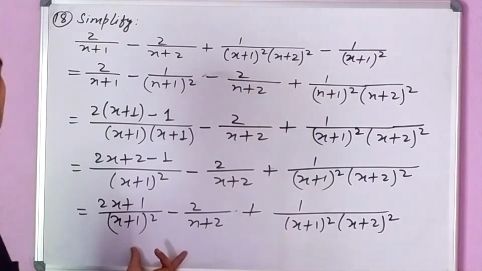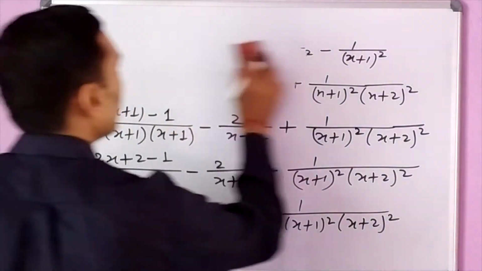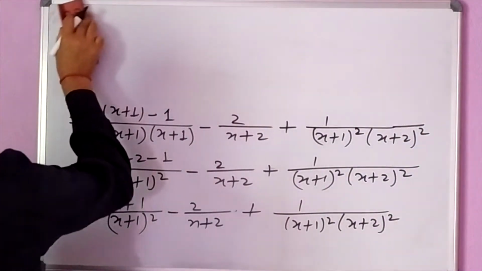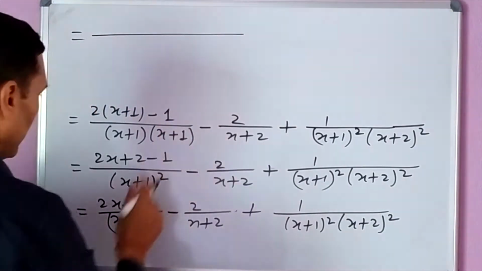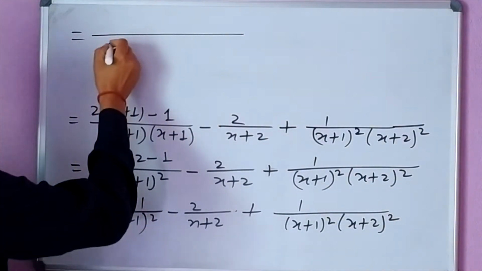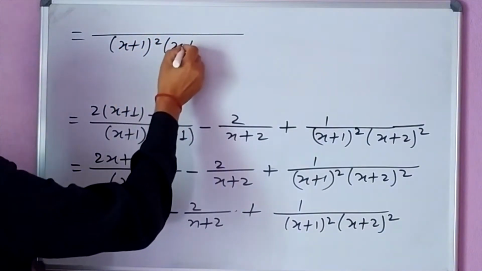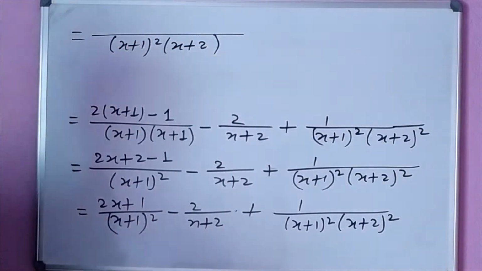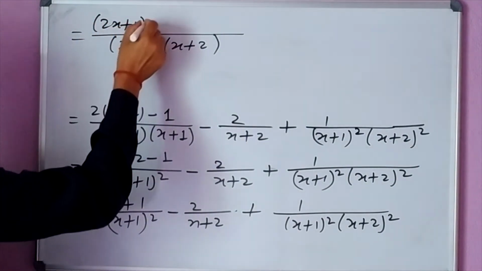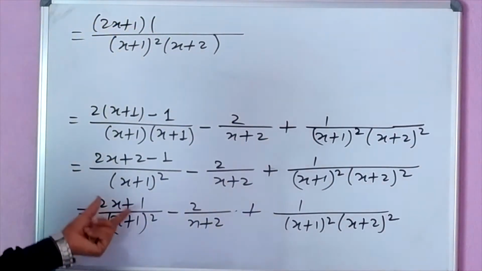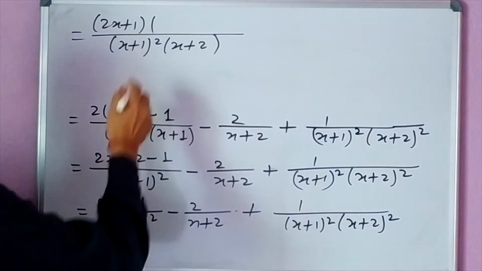Now we take the LCM in these two terms, the first and second terms. So what will be the LCM? X plus 1 whole square, x plus 2. This 2x plus 1 is multiplied with x plus 2, as x plus 1 whole square will be cancelled and x plus 2 will be remaining there.